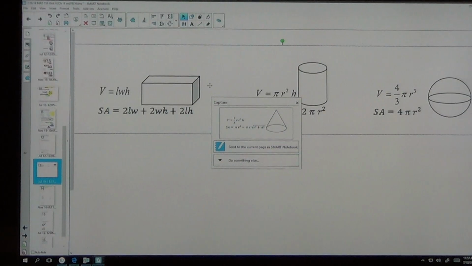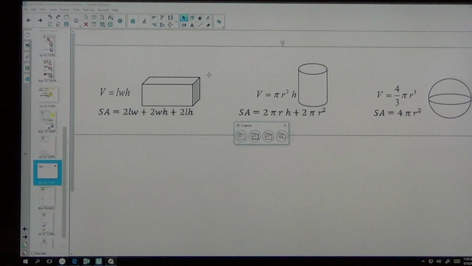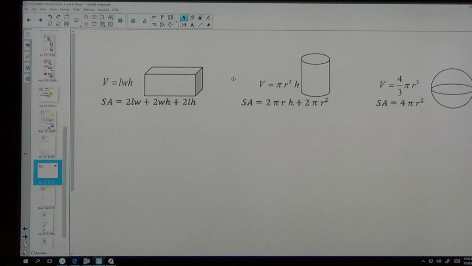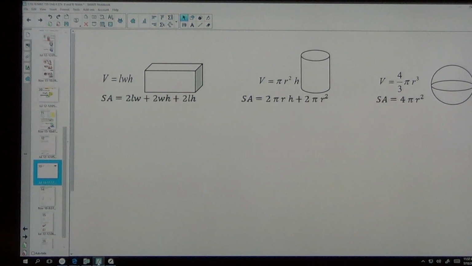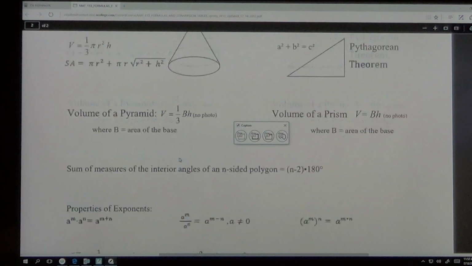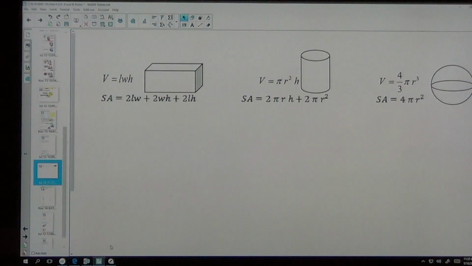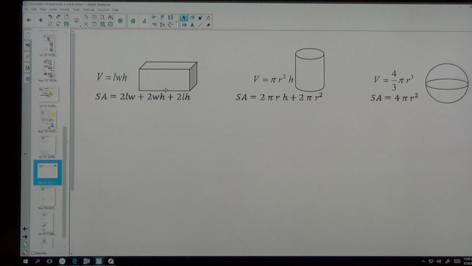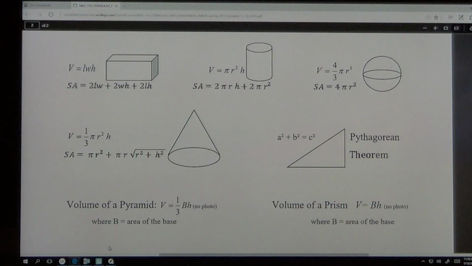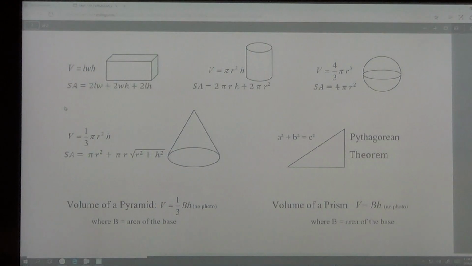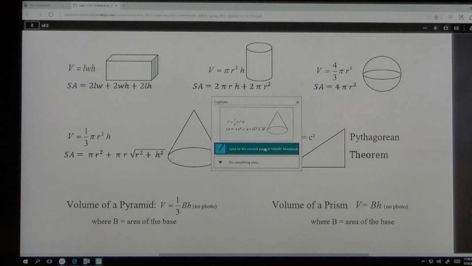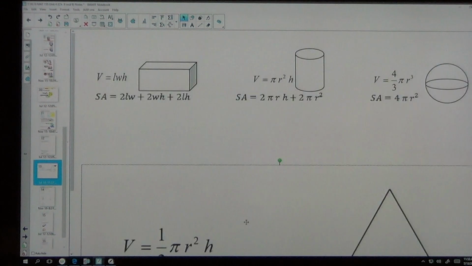We just did 9-3, we're now in 9-4. Three-dimensional is volume, you are correct. So 9-3 was the area, okay. And 9-4 is volume.